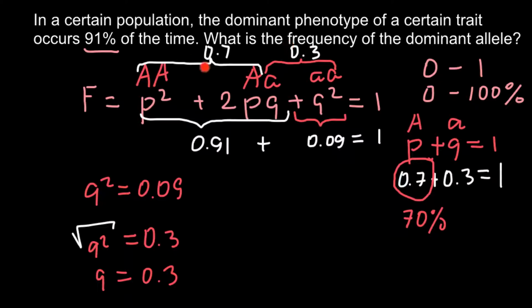If we add these two numbers, we also get 1 or 100%. Just like in our formula, all the dominant alleles A plus all the recessive alleles a equal 100%. As you see, the three genotypes are made by only two variants of the alleles.